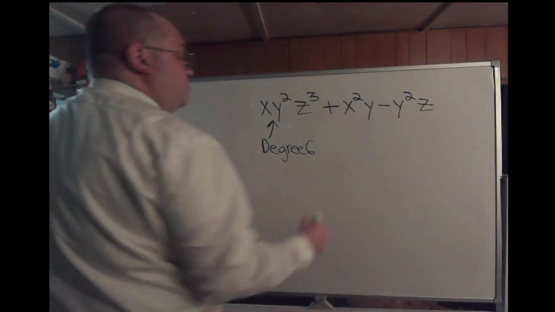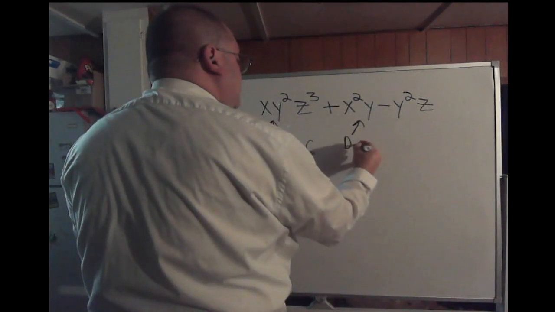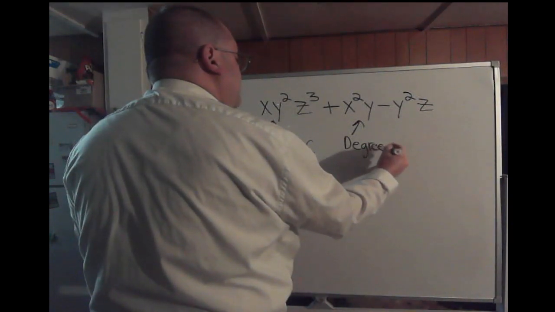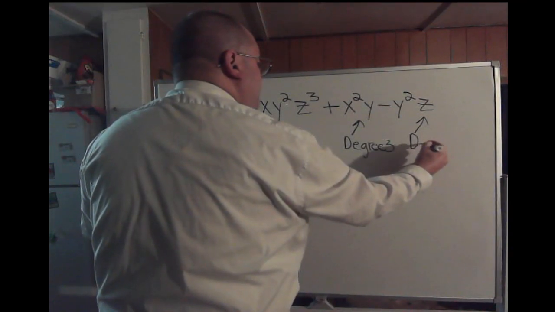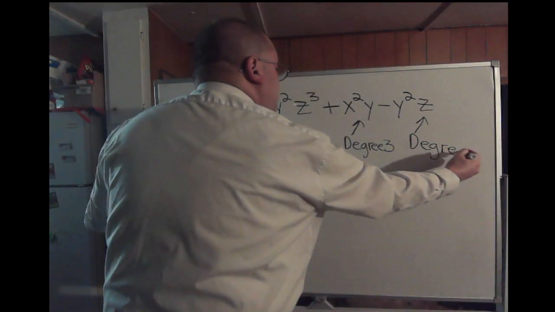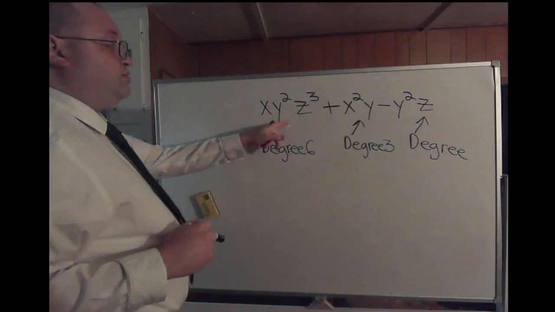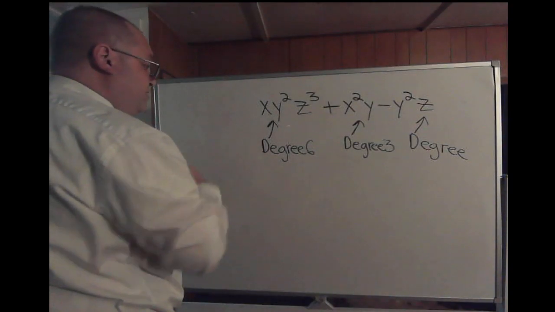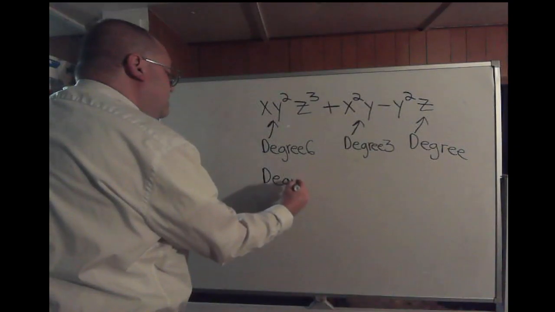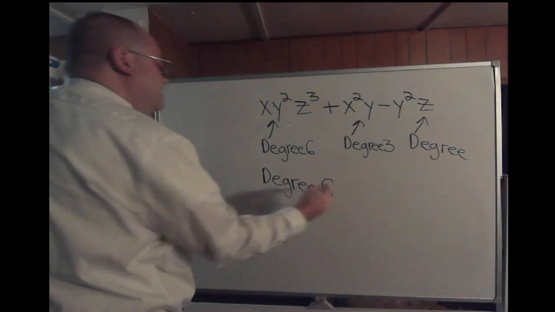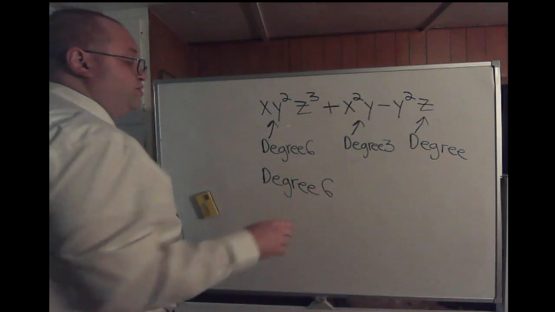This term here, the x squared y, the degree would be 2 plus 1, that'd be 3. And then this y squared z, that's 2 plus 1, that'd also be degree 3. So the highest power is in the first term, the xy squared z cubed with degree 6. Therefore, this is a sixth degree trinomial. The overall degree would be 6 because that's the highest sum of the powers you have.